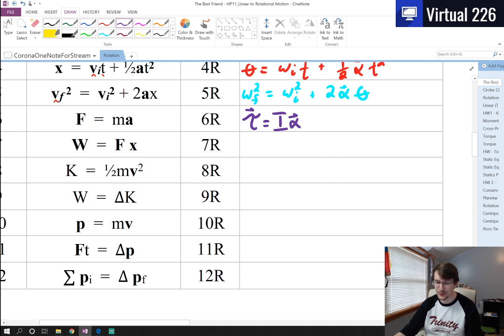But we can actually also write this, if you remember back when I was pushing doors early in the year, as R cross F, which is also the same thing as saying R times F times the sine of theta. Okay?